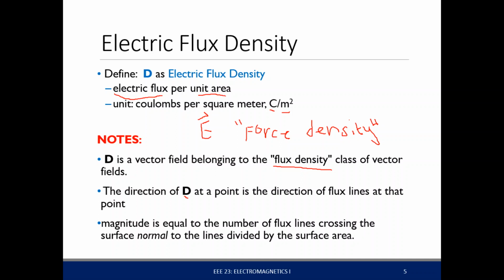The direction of D is the direction of the flux lines at that point, and the magnitude is equal to the number of flux lines crossing the surface normal to the line. By definition, if you have a surface, the area vector for that surface is the direction of your flux density. Note that D is a vector.